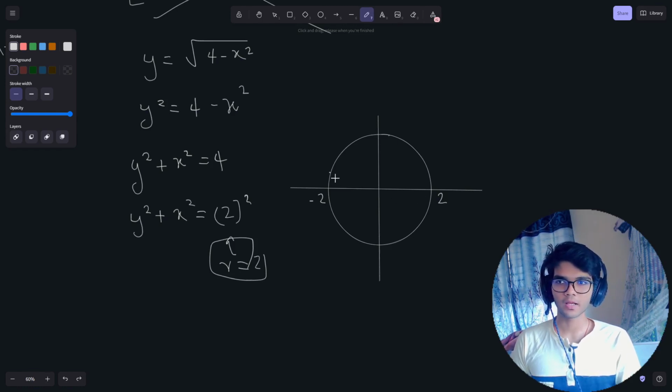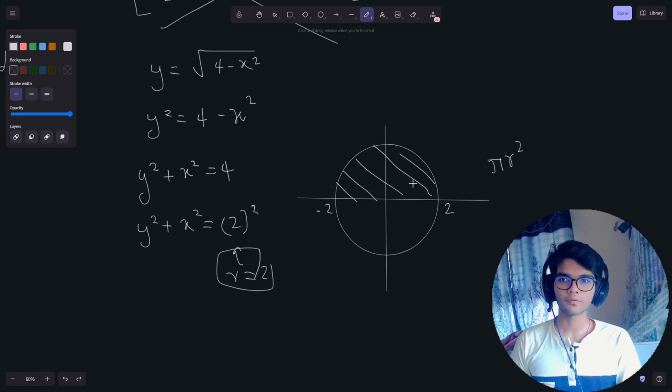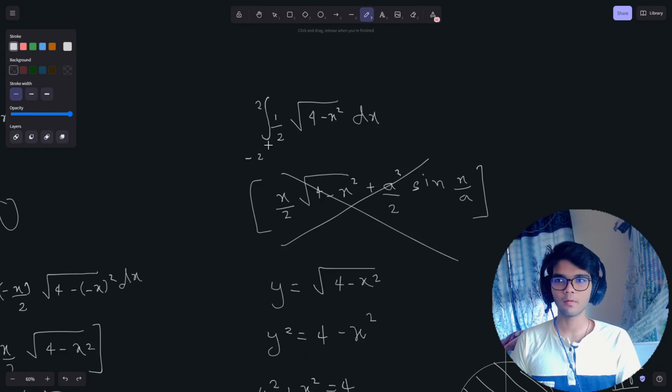So the area we are going to find is this one. We know that the area of a circle is pi r squared. Half of this, because we are only taking a semicircle, is half. And then above we can see minus 1 by 2 multiplied with this area under the curve.